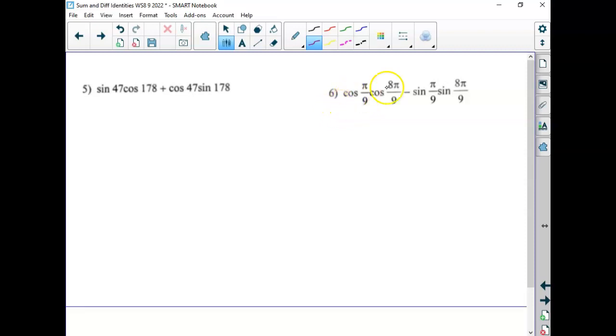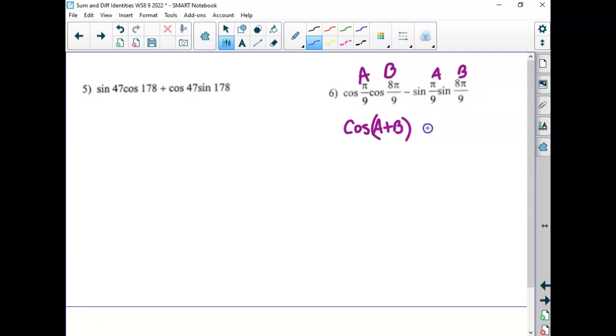Same thing. Cosine, cosine minus sine, sine. Emma, can you find that on the sheet? Cosine, cosine minus sine, sine. Cosine A plus B. Did everybody find it? Adriella, you spotting it? Okay, A and B are going to be these two numbers. Make sure both A's are pi over 9, both B's, we're good.